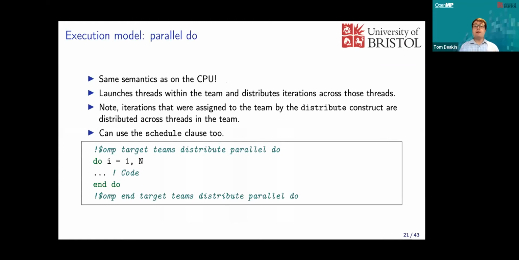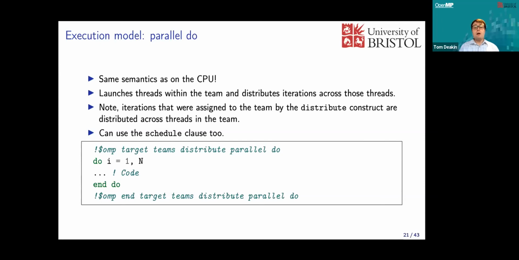We now come to parallel do, and luckily this has exactly the same semantics on the GPU as it does with the CPU. So parallel do means the same on the CPU as the GPU. So parallel launches threads within the team, and the do distributes iterations of that loop across the threads in a team.